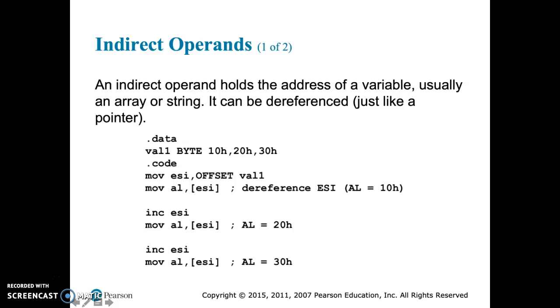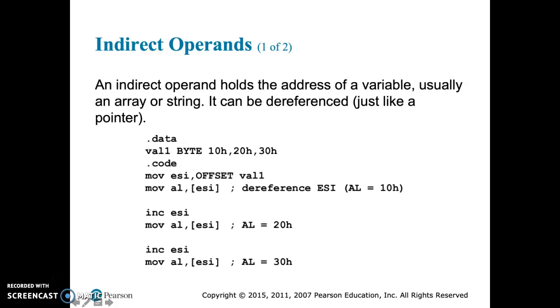So in this case, we have a byte array, val1, that has 3 elements to it. In our code segment, the first thing we do is move the offset of that, an indirect reference, into the ESI general register.